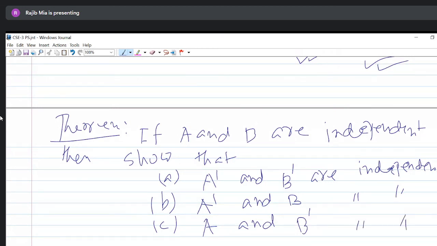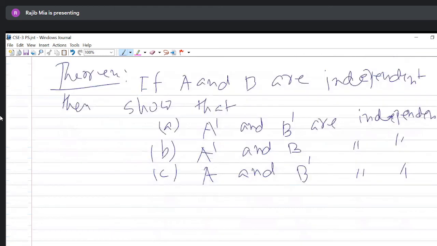So if A and B two events are independent, then their complements, A complement and B complement, are also independent. A complement and B are also independent, and A and B complement are also independent. So we have to prove this. It's very easy.